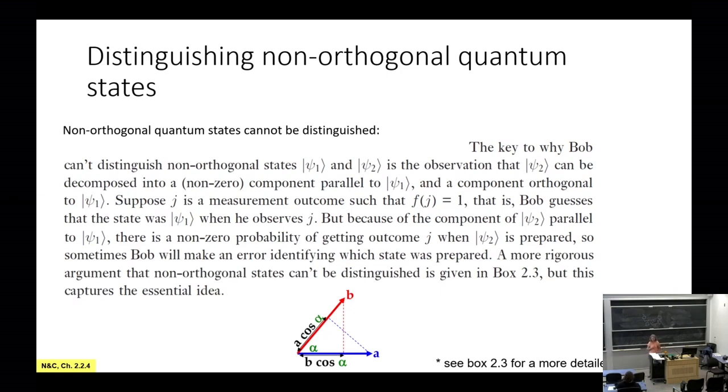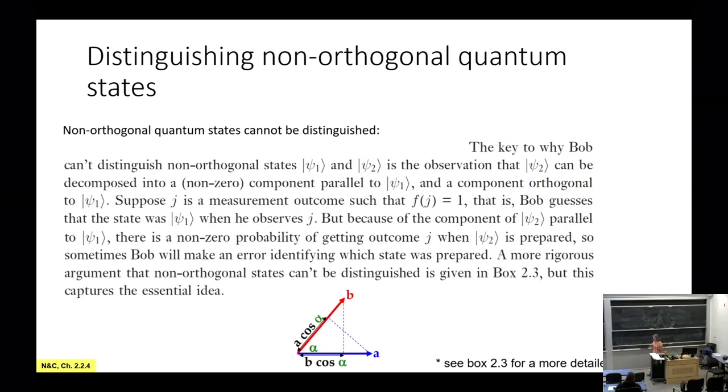So if j is a measurement outcome such that f of j is equal to 1, that means Bob guesses that the state was psi 1 when he observes j.